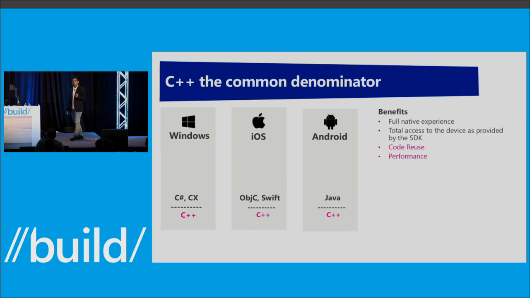ARM is great for battery life, but it's not so great compared to some of the Intel counterparts, maybe for runtime performance. And there, if you're using C++, every ounce of performance that you get on those mobile devices is worth its weight in pounds. And that is exactly some of the reasons why those apps that I mentioned are using C++.